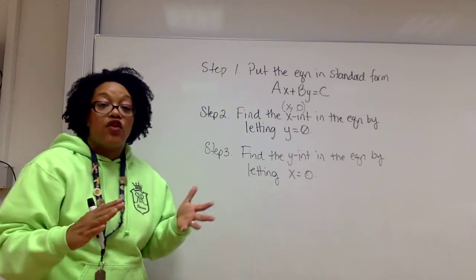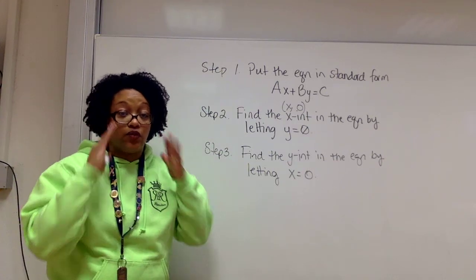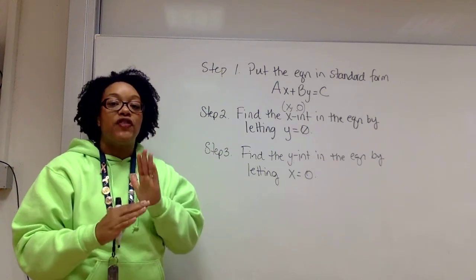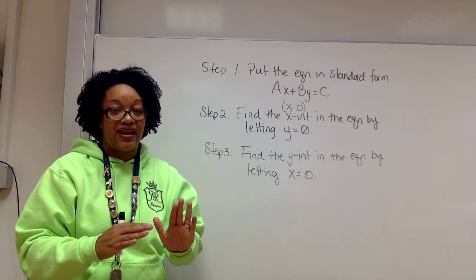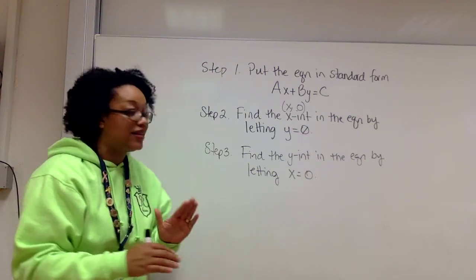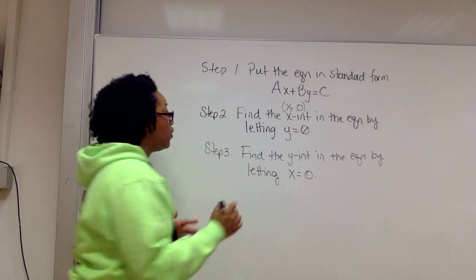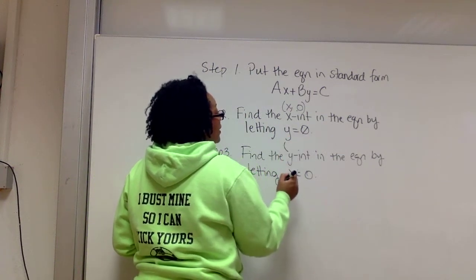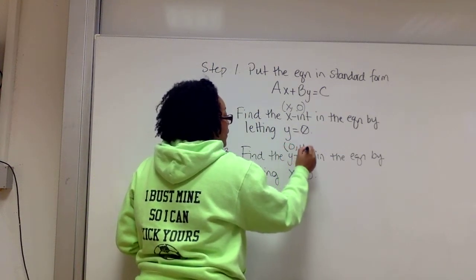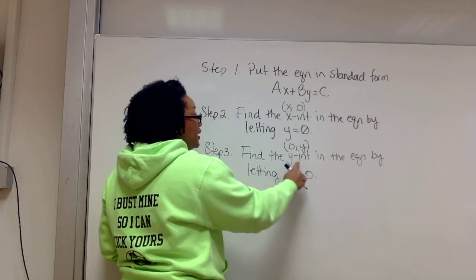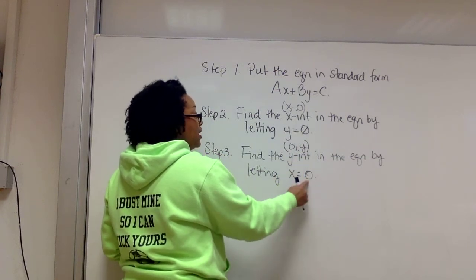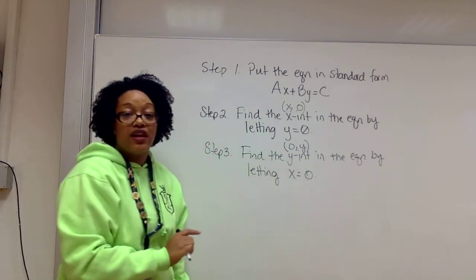So again, your y-intercept by definition, we just wrote down, is the point that crosses the y-axis. And when it hits the y-axis, your x is 0, so the coordinate looks like this. So in order for you to get your y-intercept, your x has to equal 0.